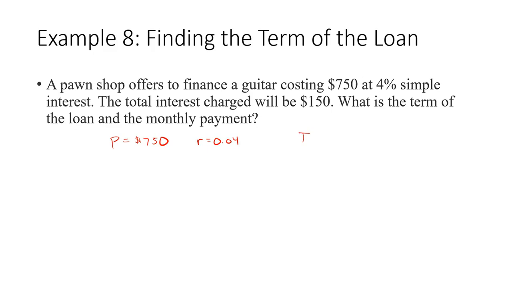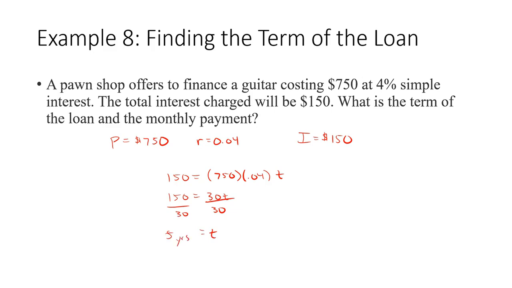The total interest that's charged is $150. So 150 equals 750 times 0.04 times T. If we multiply 750 times 0.04 and then divide to find T, we find that the term of the loan is 5 years.